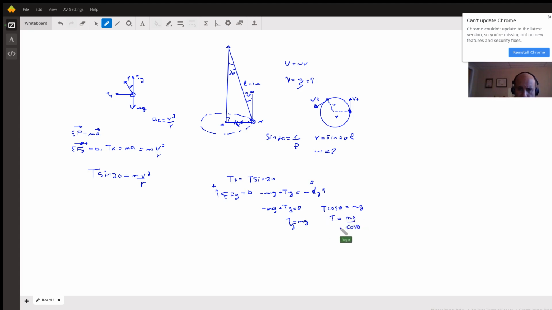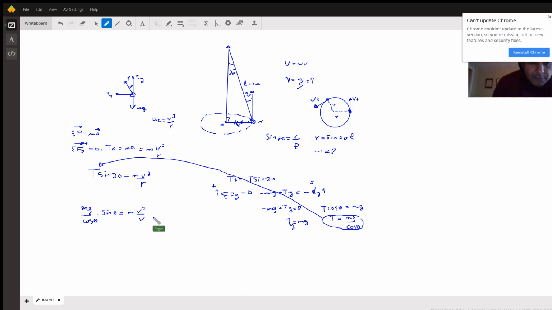So this is what we need. We're going to take this and we're going to plug it right here. You're going to get mg over cosine theta, that's T, times sine theta, is equal to m v squared over r.